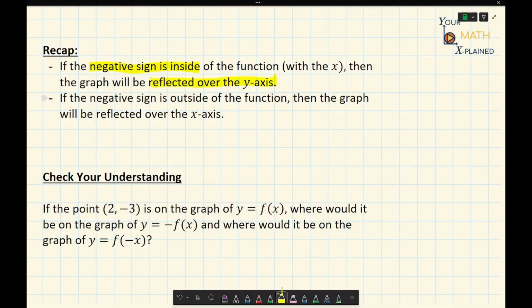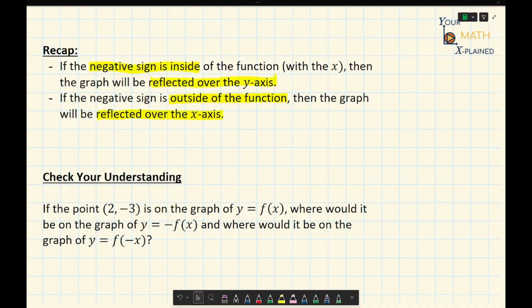And if your negative sign is outside the function, then the graph is going to be reflected over the x-axis. Because if it's outside the function, you're changing the sign for all the y values. So it's an up-down reflection, which means it's reflecting over the x-axis.